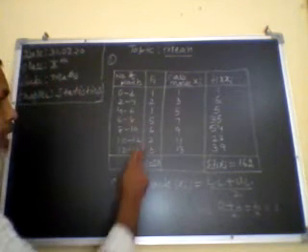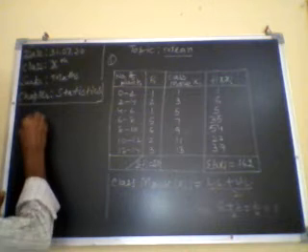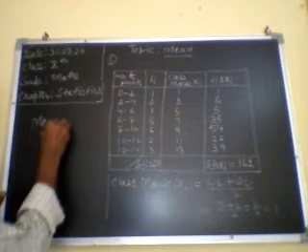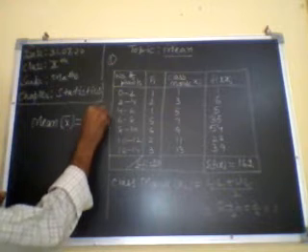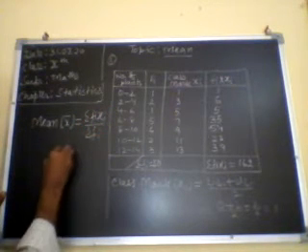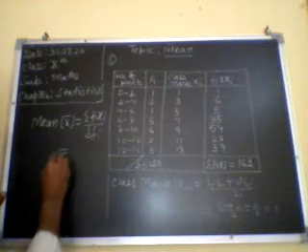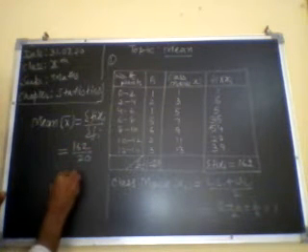Now we have to find the mean. So mean x bar equals sigma fi xi divided by sigma fi. Sigma fi xi is 162, divided by 20.